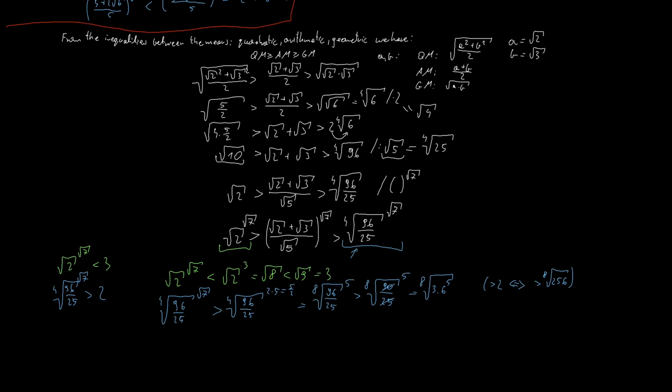So we only need to prove that 3.6 to the power of 5 is more than 256. And this is quite easy because 3 to the power of 5 is almost 256, it is 243, so we can write that 3.6 to the power of 5 is more than 3.6 times 3 to the power of 4.